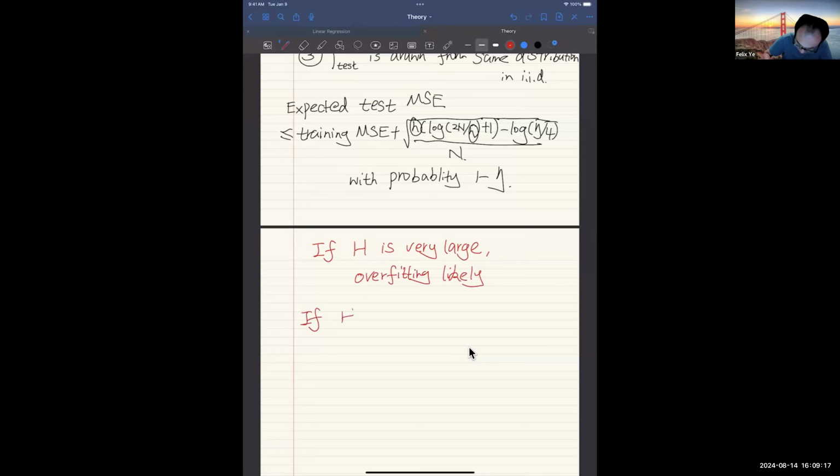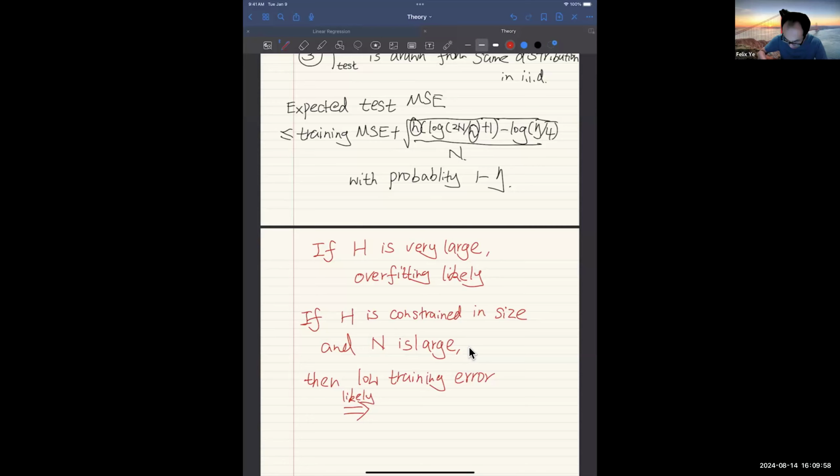If the H space is constrained in size, and your n, which is training data, is large, then low training error likely implies low testing error.